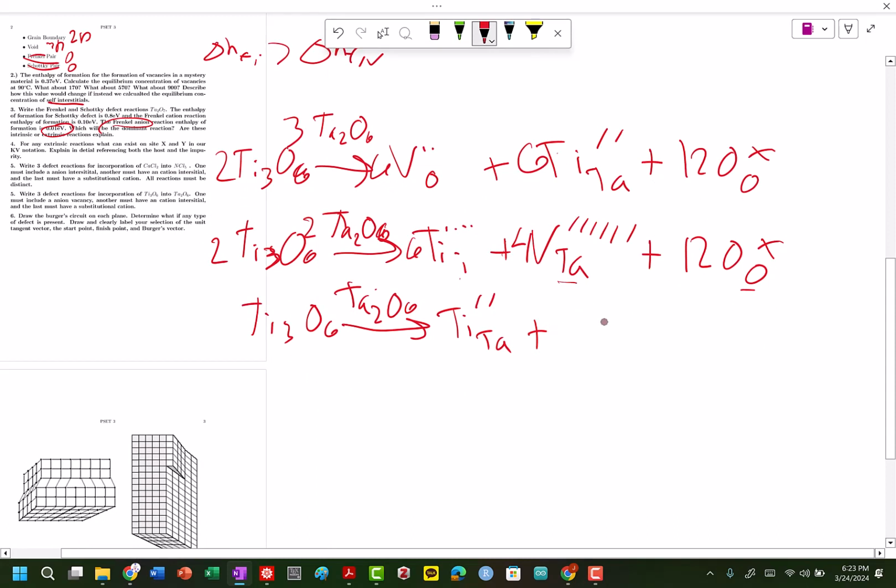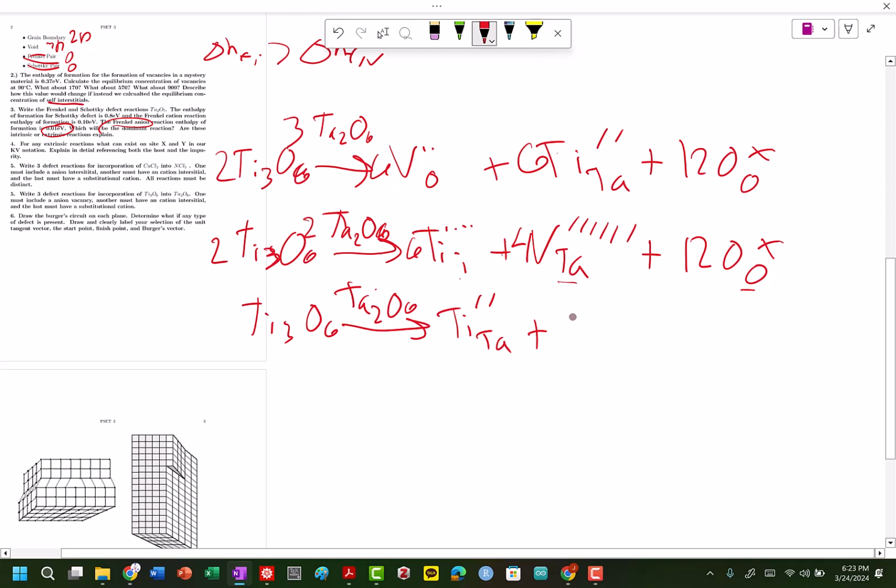And then finally, plus, let's do a vacancy of oxygen, which is going to give us, actually, we don't want to do the same one as we did previously. So let's get a little bit imaginative.